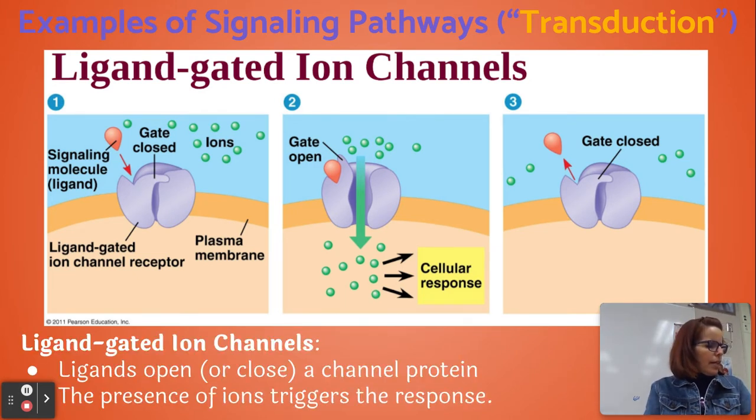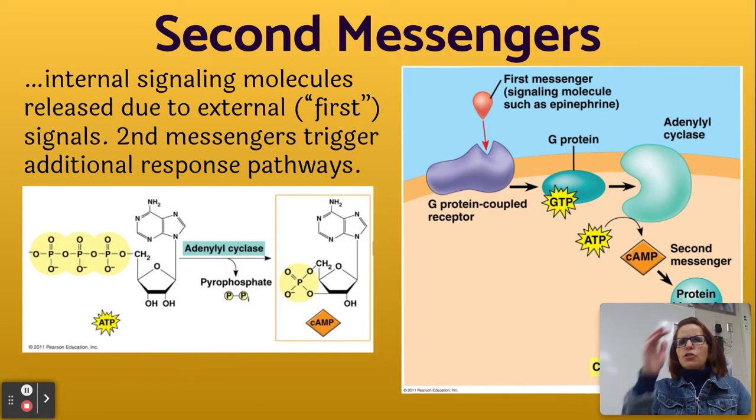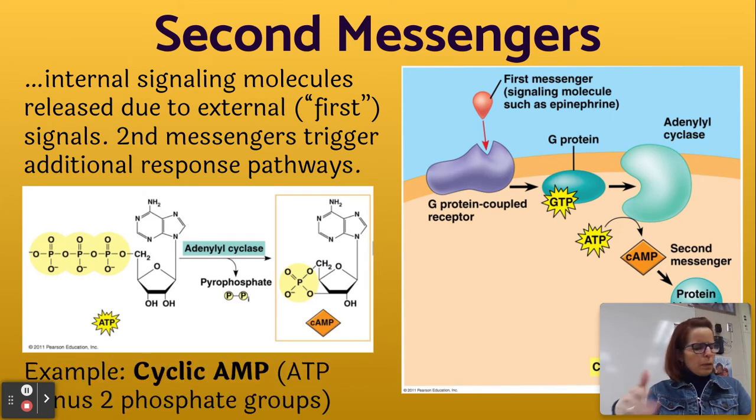So good. Moving on. Okay, so the second messengers, this is mentioned in your learning targets. Just what are second messengers? They're found on the inside of the cell, and they trigger additional response pathways. Sometimes they trigger the phosphorylation cascades, which we'll see in just a second. But cyclic AMP is one of the most famous ones.